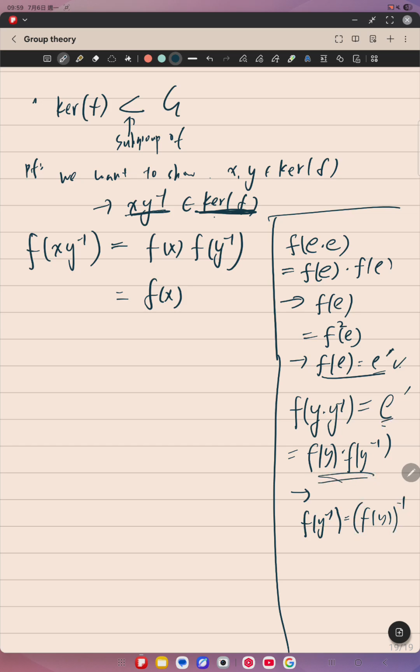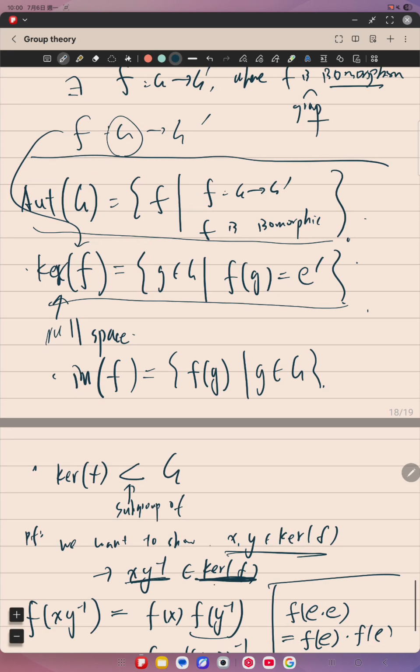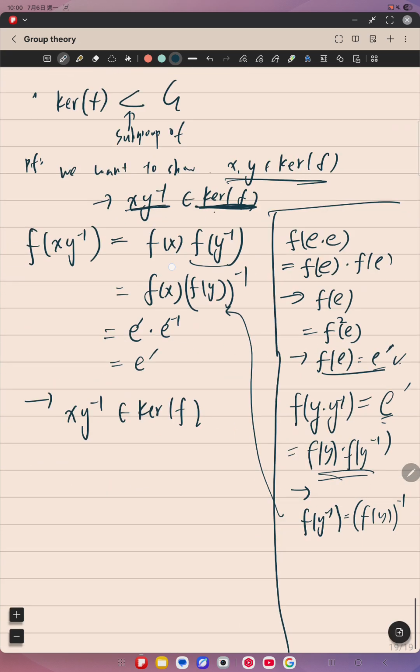Using this condition, I get f(x) times f(y) inverse. Now, since they are in the kernel, it's identity times identity inverse, so e prime inverse, which is e prime. This shows that f(x y inverse) belongs to kernel F. Okay, so this is the subgroup.